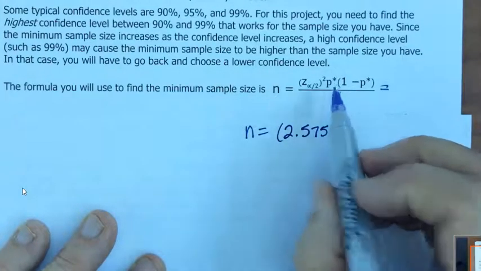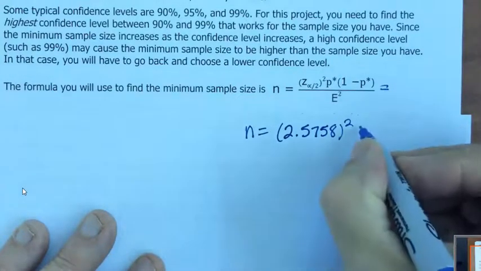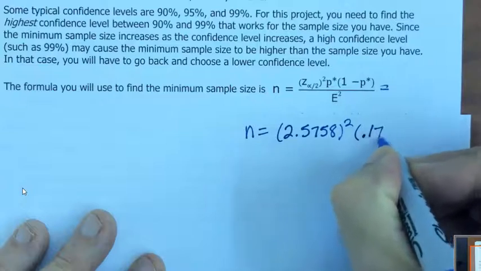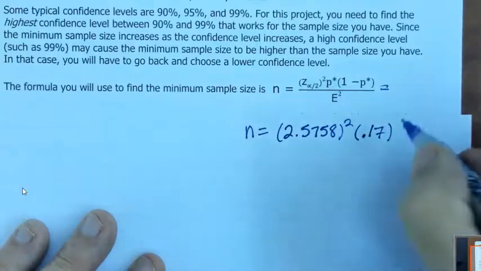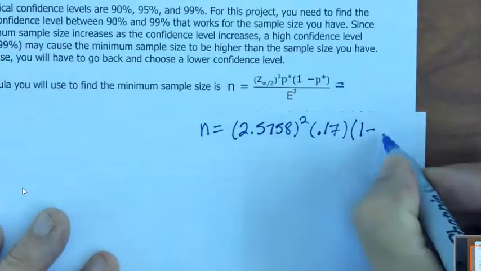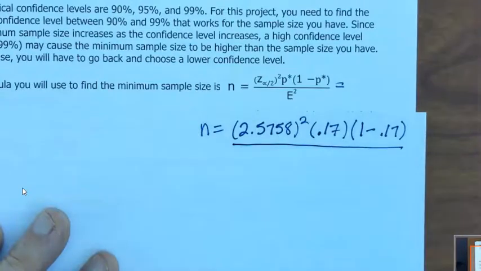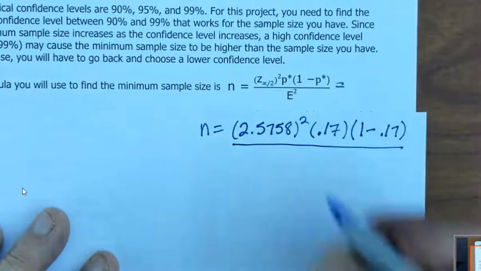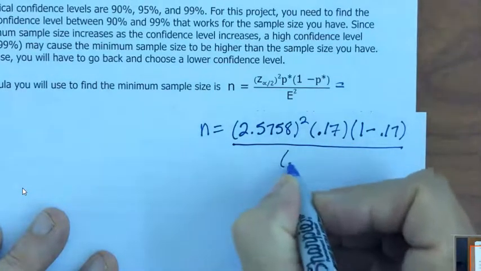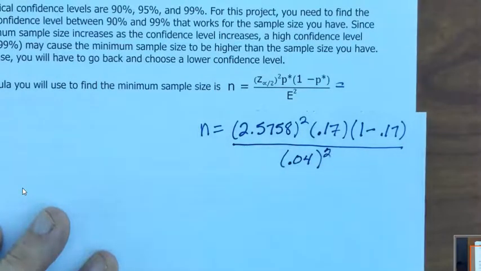Then my P star is the number that I got from the letter changed to a decimal. So that was 0.17 for me. The next thing here is the 1 minus P star, so that would be 1 minus 0.17. And then I'm dividing all that by my maximum desired margin of error squared, which for everybody is going to be the same. This is going to be 0.04 squared.